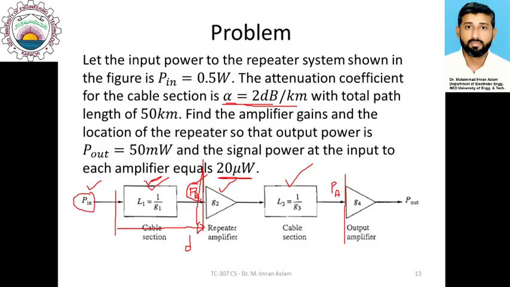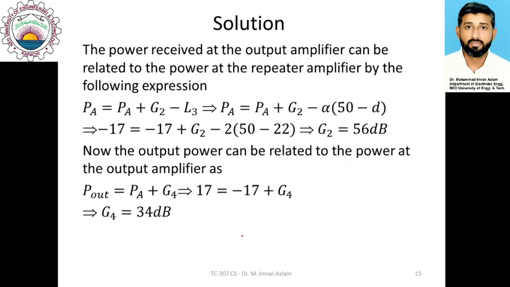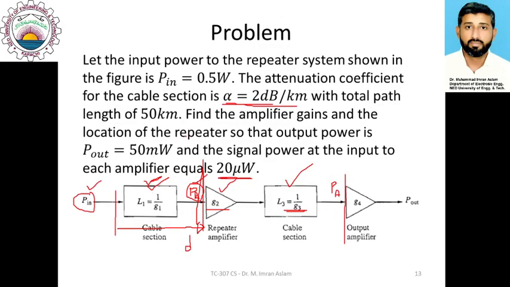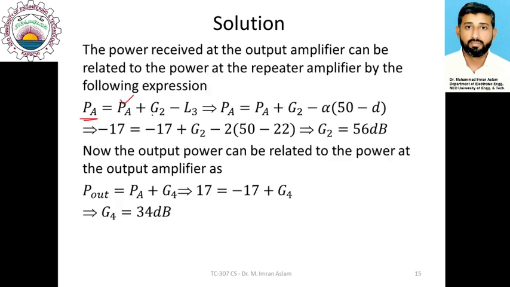So this PA power would get some gain, which is G2, and it will get a loss, which is L3. So the output PA power at the output amplifier would be equal to the power at the input side of this section, which is also PA in this case, plus a gain of G2, and minus a loss of L3.